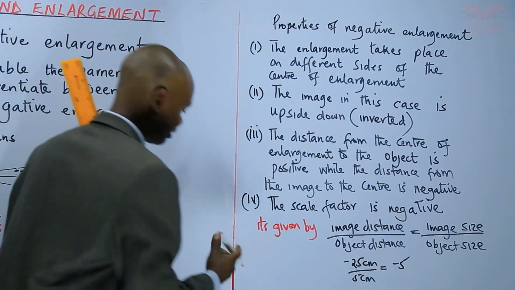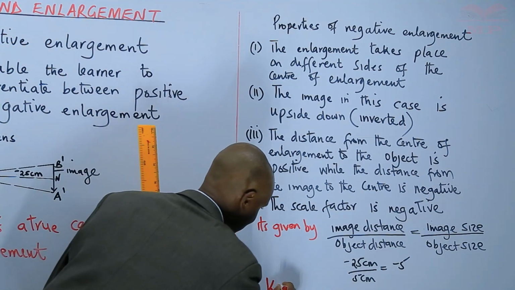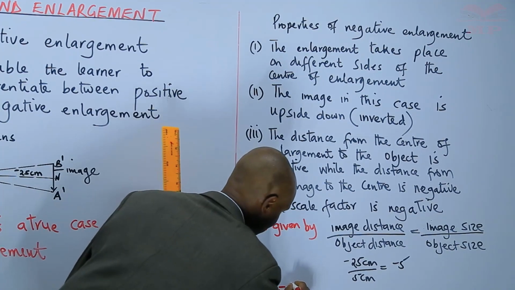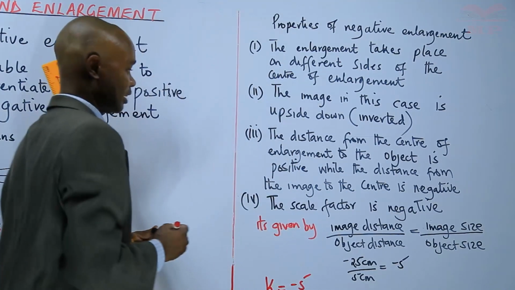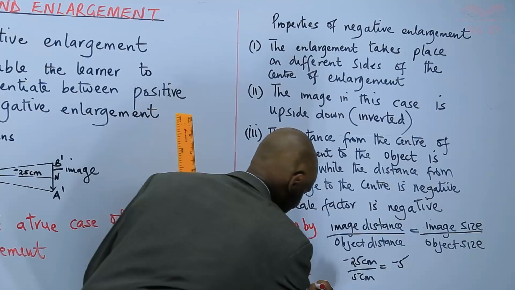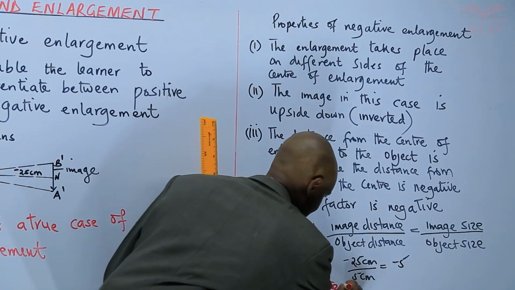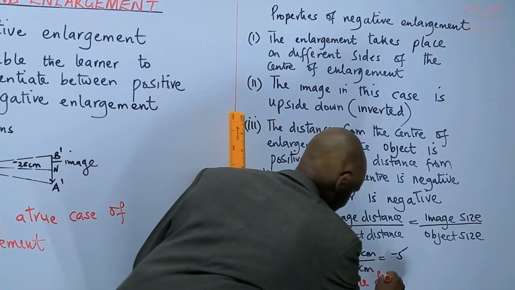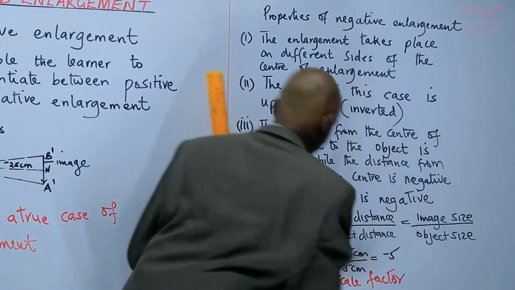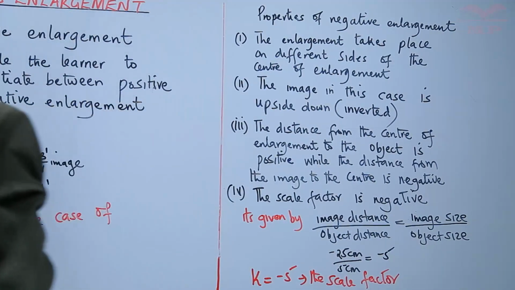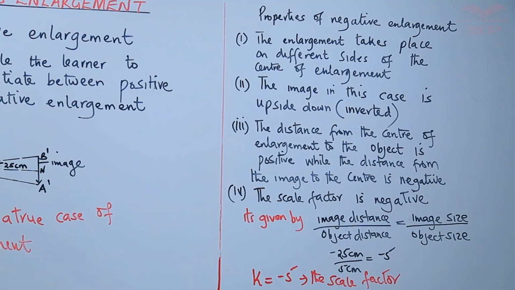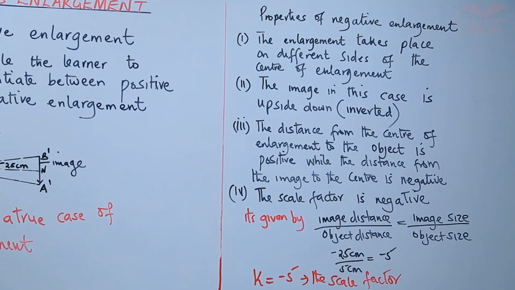Most people usually write k is equal to negative 5. This is the scale factor.